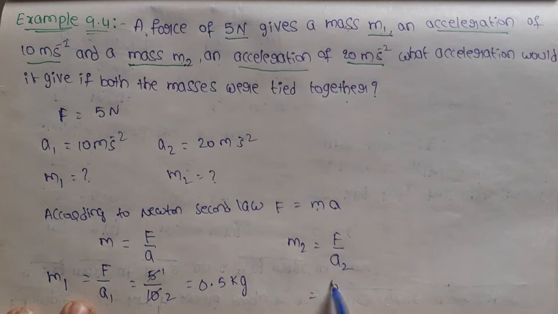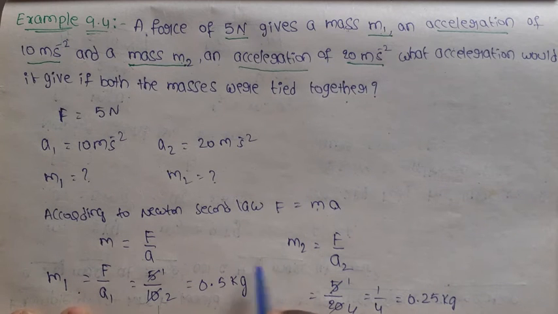So same force 5 Newton, but it produced the acceleration 20 meter per second square on the second body. So 5 ones are 5, 5 fours are 20, 1 by 4, 0.25 kg. So this is the m1 mass of the object, this is the m2 mass of the object.